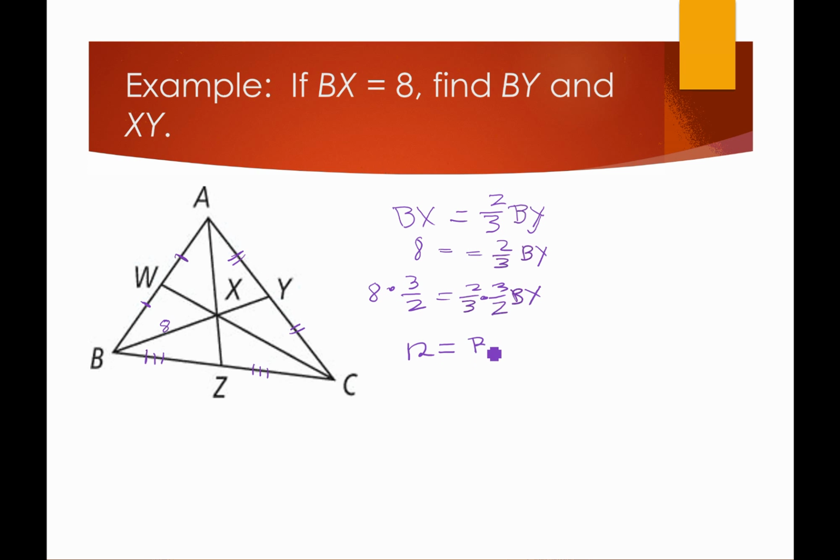So BY is going to be 12, and then XY is 4. That makes sense because in that whole length, half of 8 is 4, so 4, 4, and 4 would be 2/3. So BY is 12 and XY is 4.